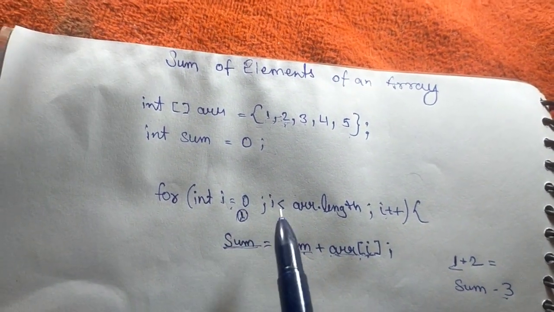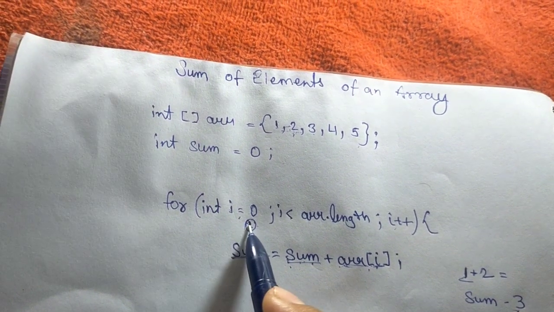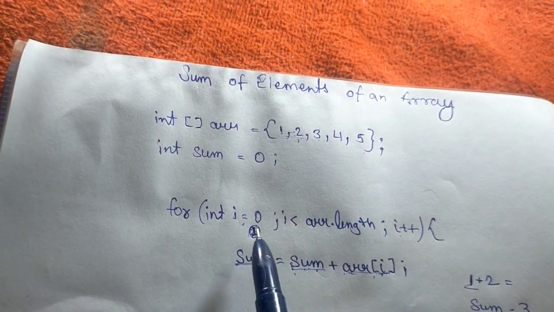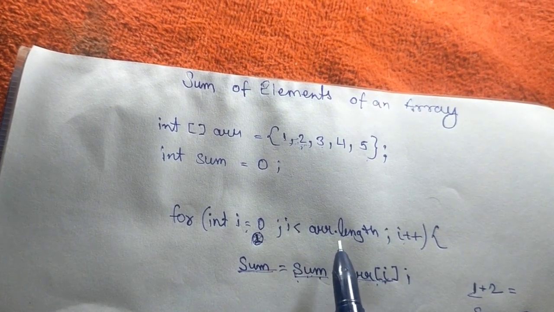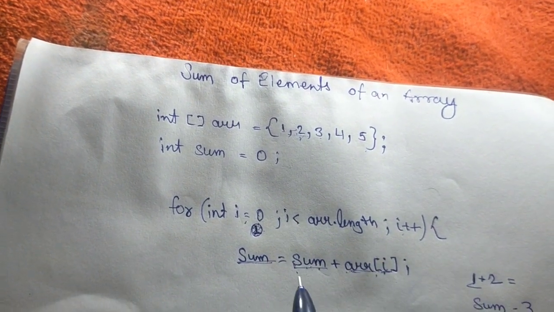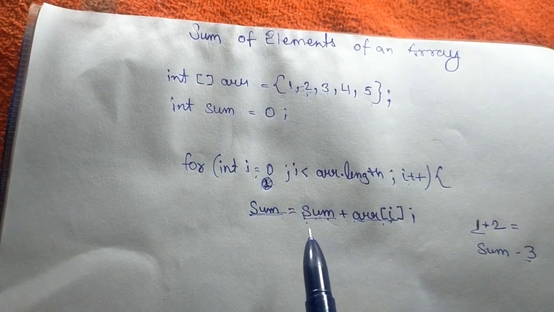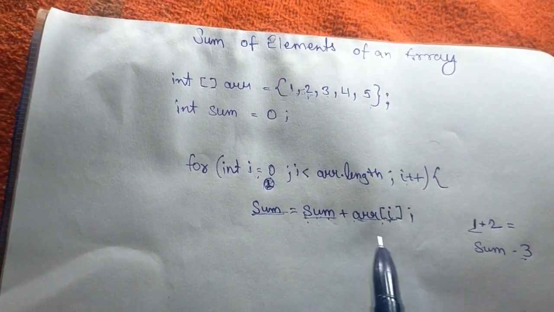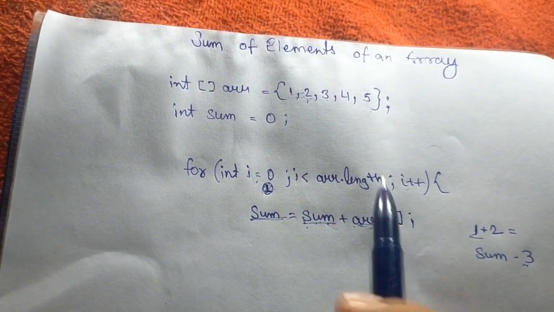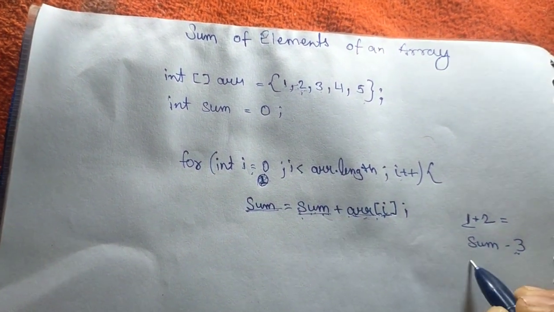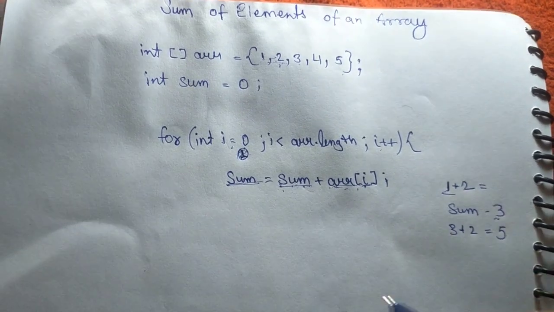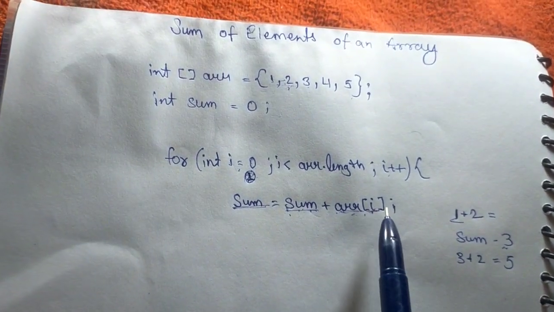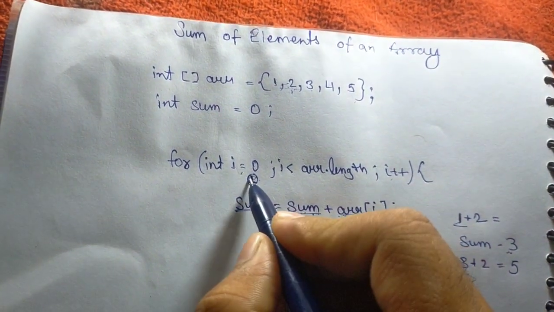After that, i will increase by 1 and become 2. Okay, when it becomes 2, is 2 less than array.length? It is true. So the initial value of sum is 3 plus 2, it will become 5. Okay, after that the index will become 3.